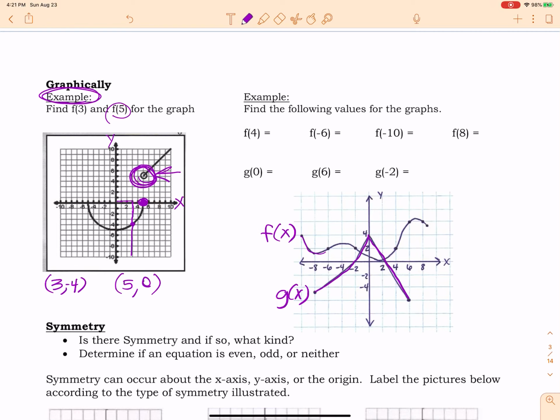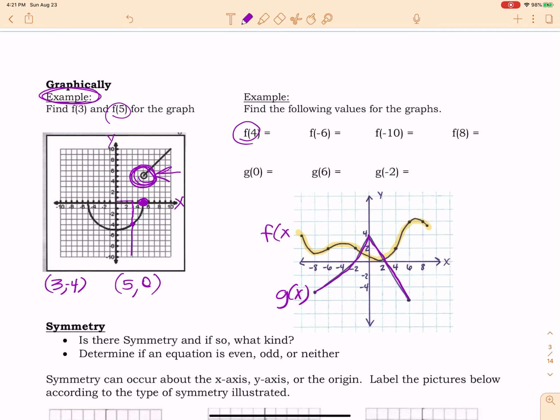So we'll use the curvy graph for the f values and the straighter graph for the g values. So let's look at f of 4. So I'm looking at the curvy graph. Let me highlight that so you'll know what I'm talking about. So this is the graph I'm going to use for the f problems.